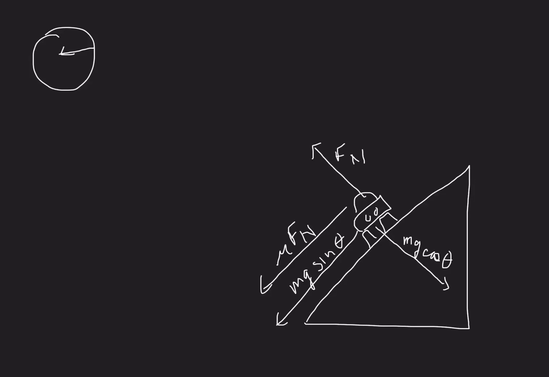So I normally don't draw the net force on the FBD, but I'm going to go ahead and do it here. There's a net force going this way towards the center of the circle, the track, and of course it's Fc. Now I can resolve this one into parallels and perpendiculars to the inclined plane. So there's a force going down this way, and this angle here, theta, would be the same angle as this.